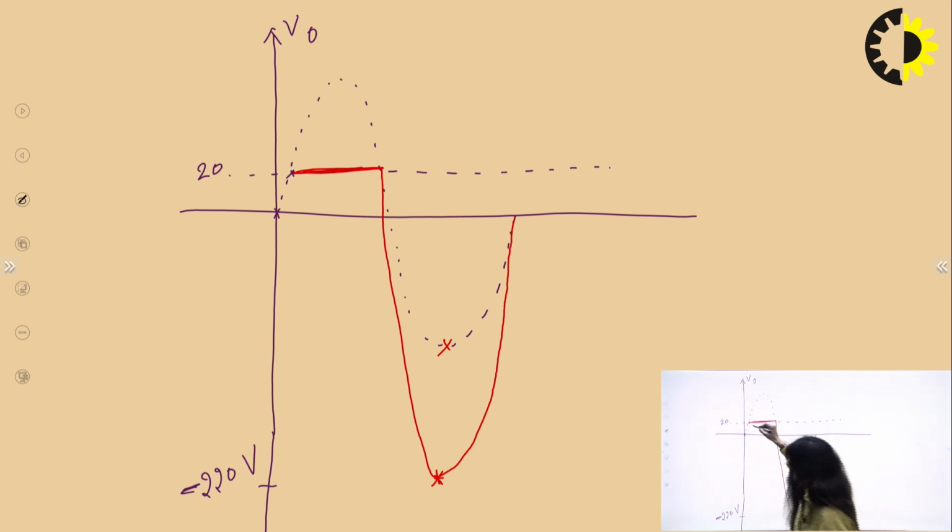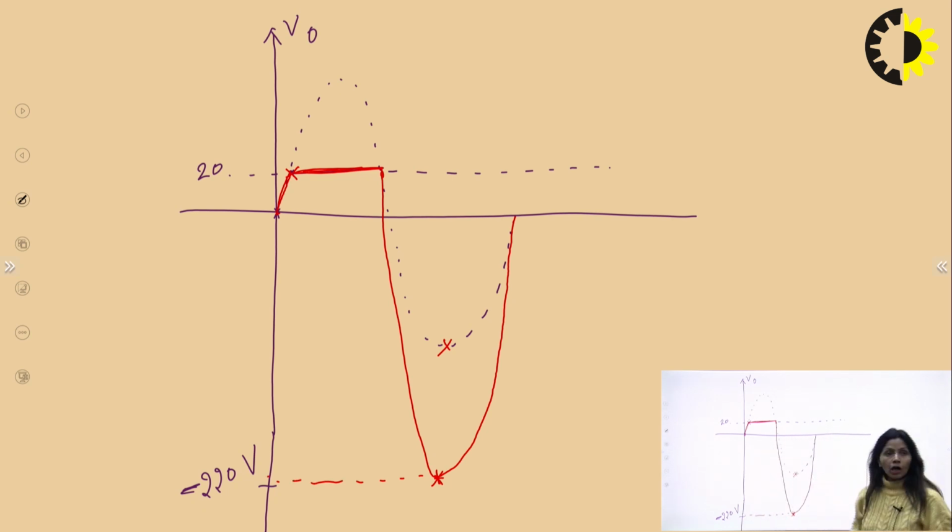This is not exactly the same, but it will vary like this. So this graph will go down to minus 220. Now this would be the output waveform for the clamper circuit.